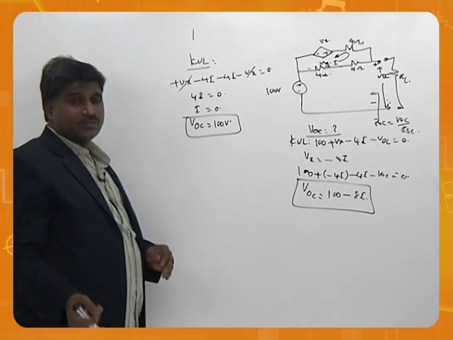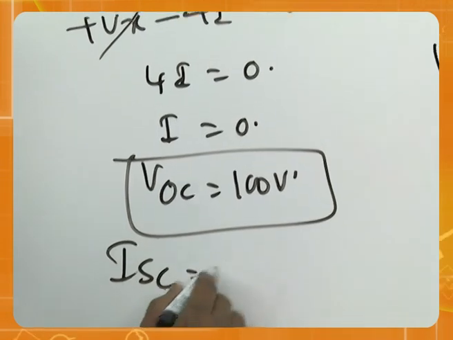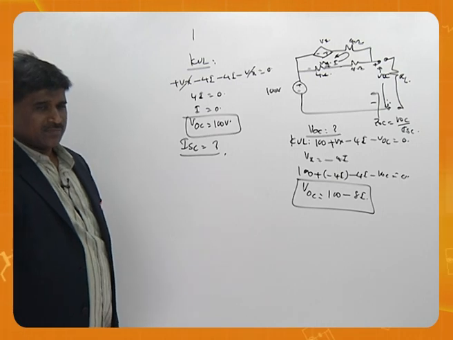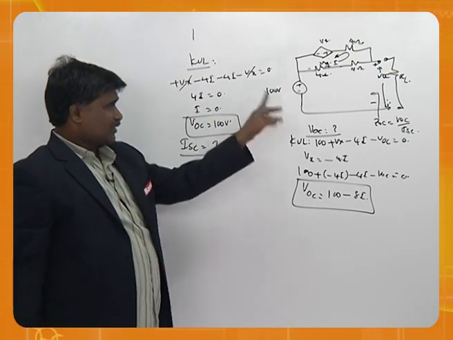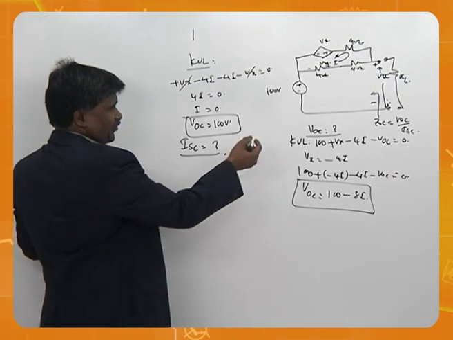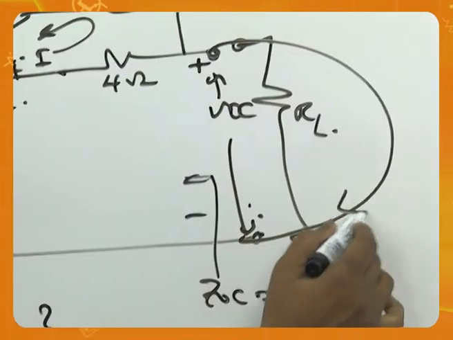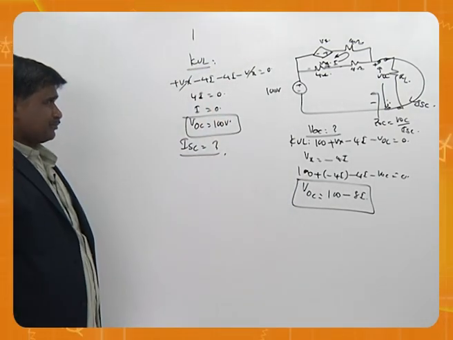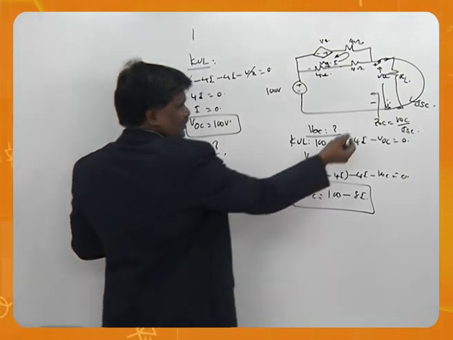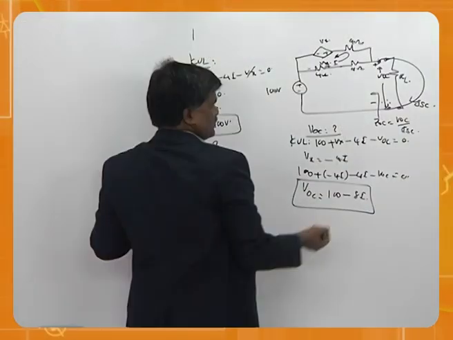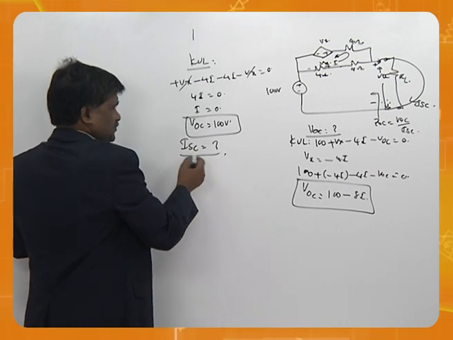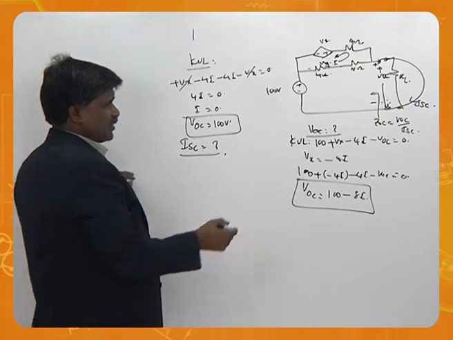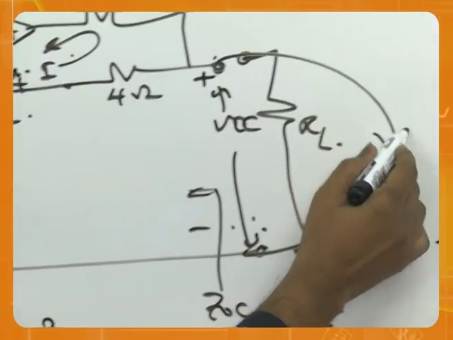Then we have to calculate ISC. When you short this terminal, the total figure will change. Now we need to calculate this way, ISC. That means this terminal is becoming short circuit. Then we have to find what current is flowing in this. For example, if this is I, this is ISC.